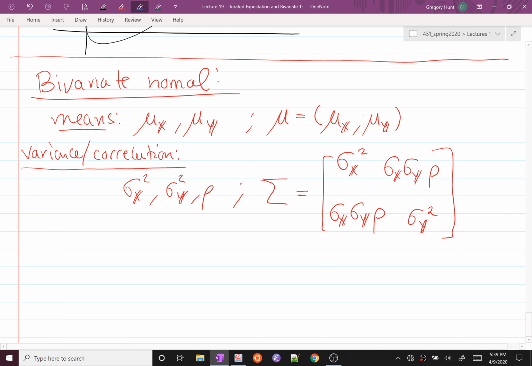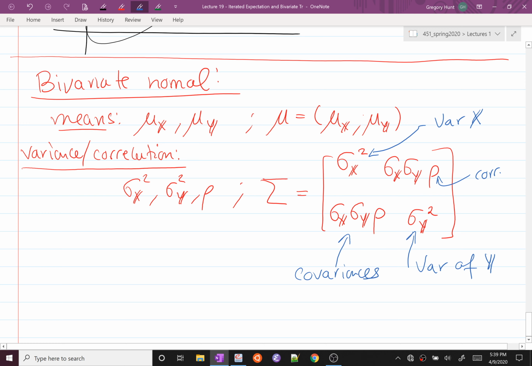So if the variance of y is sigma squared y, the variance of x is sigma squared x, and the correlation is rho between x and y, then my covariance would be sigma x, sigma y, rho. So these are the covariances. And this whole matrix itself is called the covariance matrix.